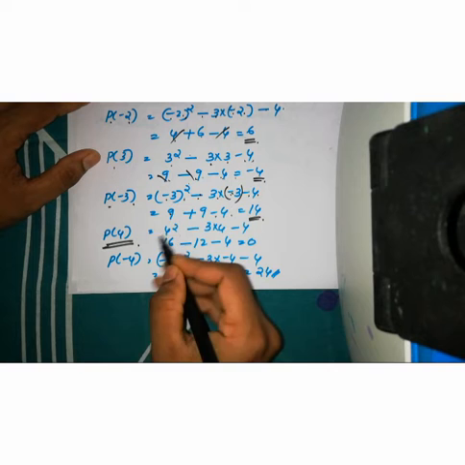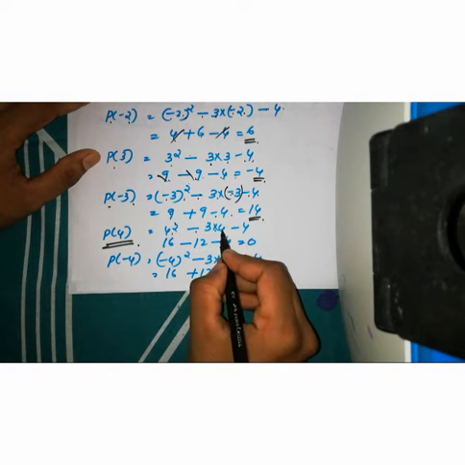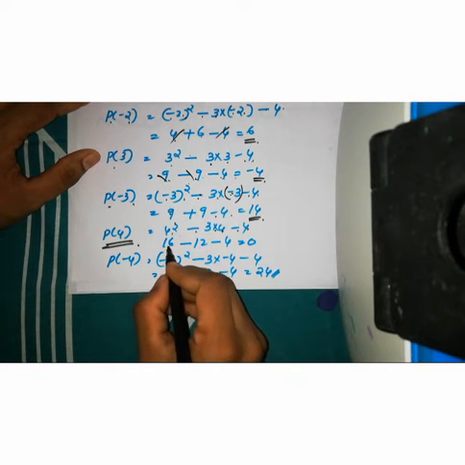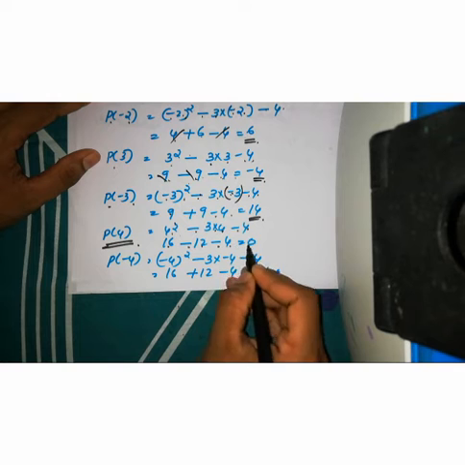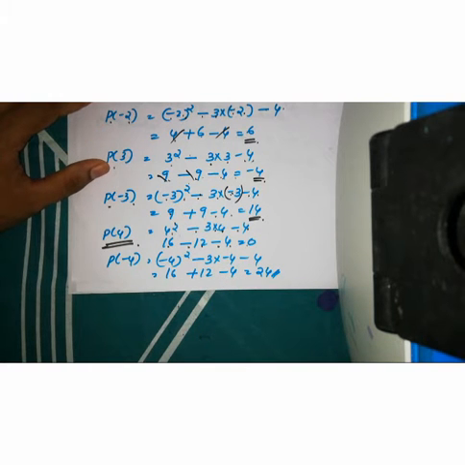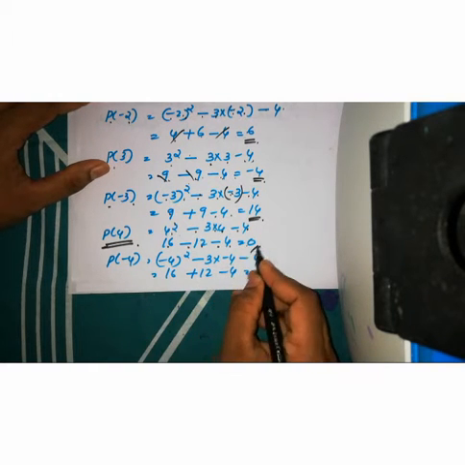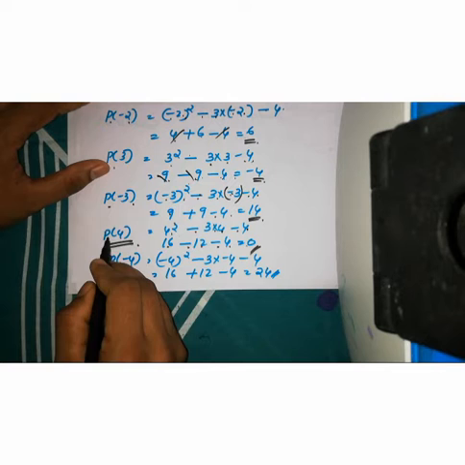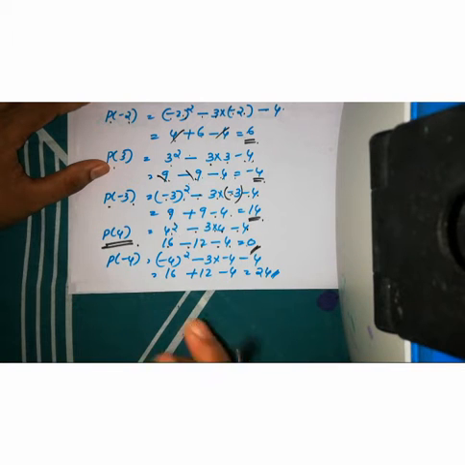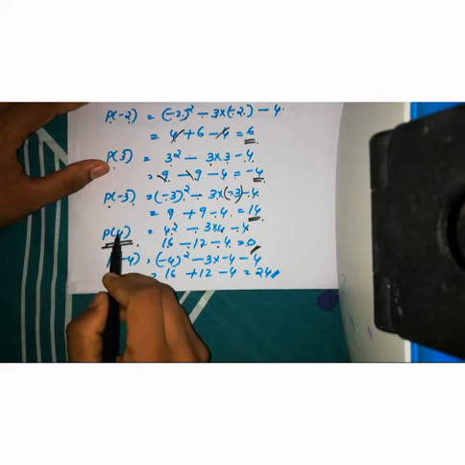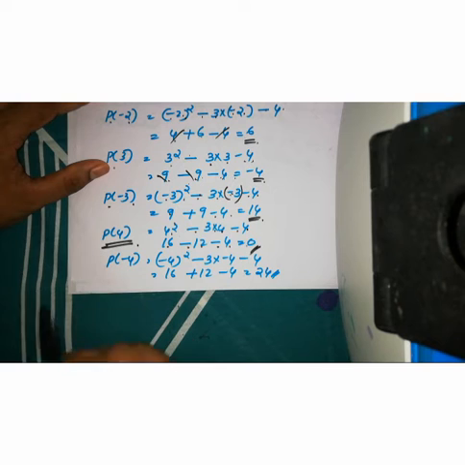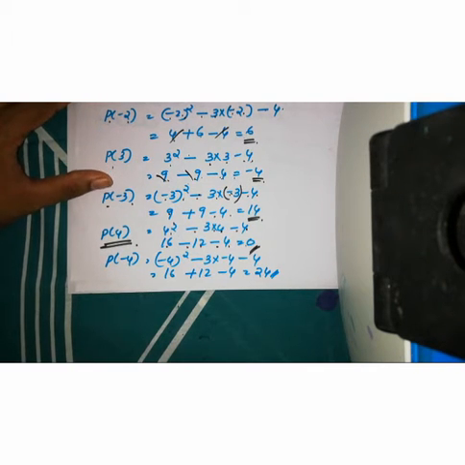What is p of 4? 4 square minus 3 into 4 minus 4, that's equal to 16 minus 12 minus 4, that's equal to 0. So we got our polynomial value equal to 0. For any value of x where our polynomial p of x is 0, that is the zero of that polynomial. So we have got one zero. What is that? 4 is the zero of that polynomial, x square minus 3x minus 4.